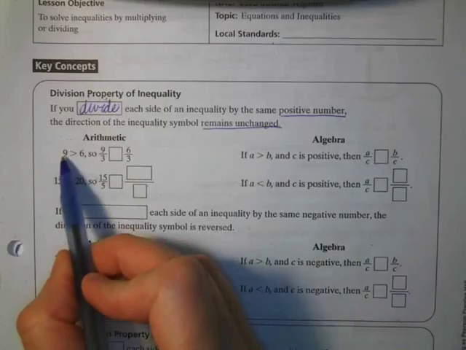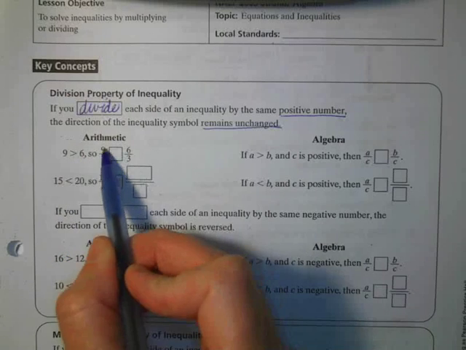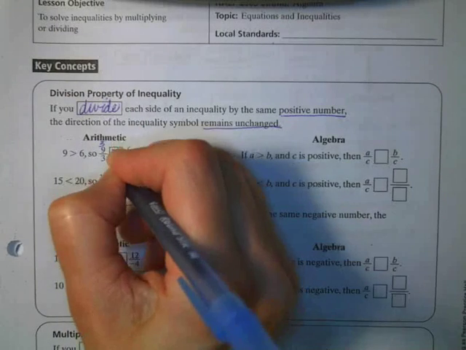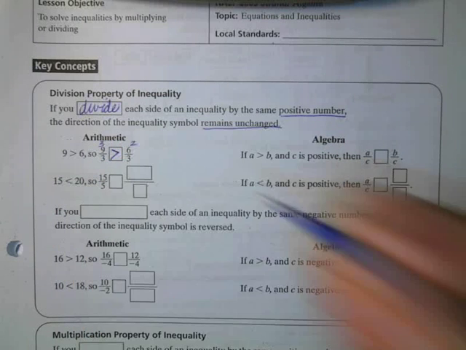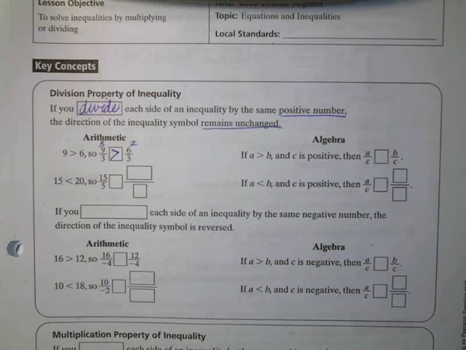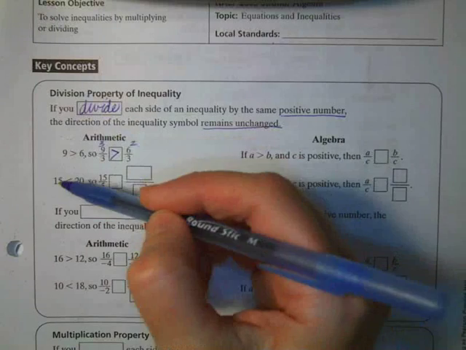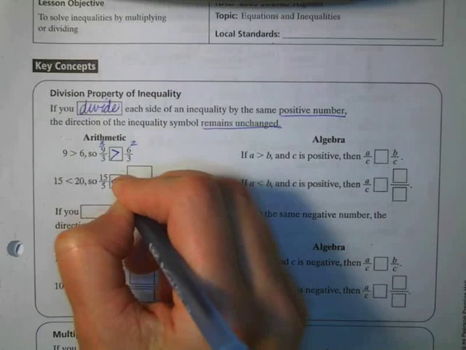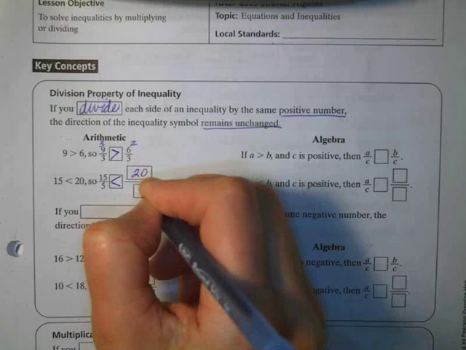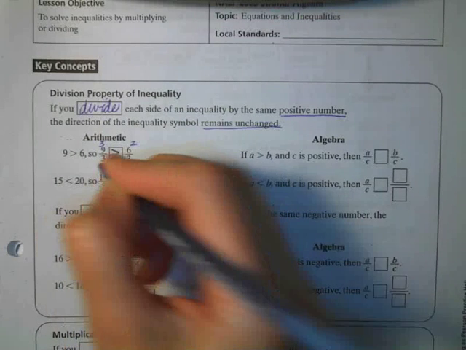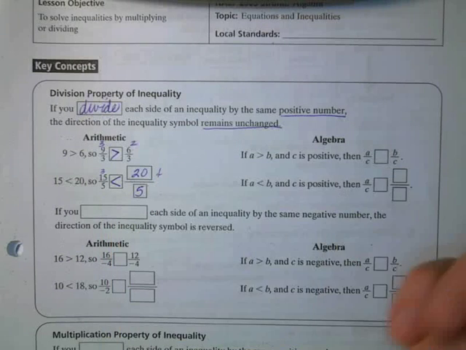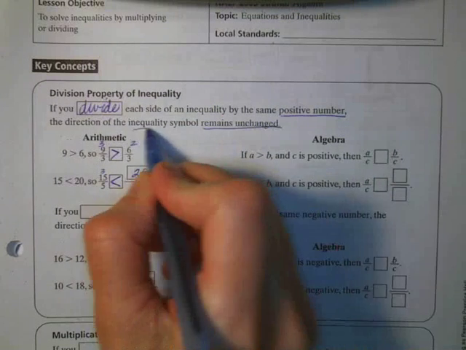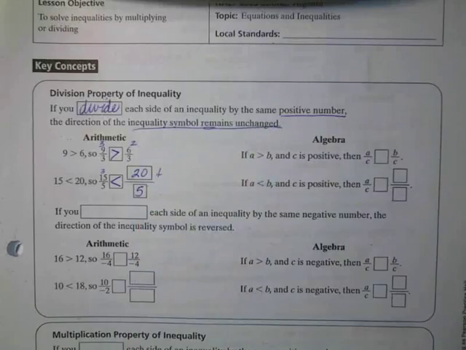Let's look at this. 9 is greater than 6, so 9 divided by 3, which is 3, is going to be greater than 6 divided by 3, which is 2. So that remains true. Similarly, 15 is less than 20, so 15 divided by 5 is going to be less than 20 divided by 5, because this gives me a 3, that gives me a 4, and 3 is less than 4. The inequality symbol remains unchanged.